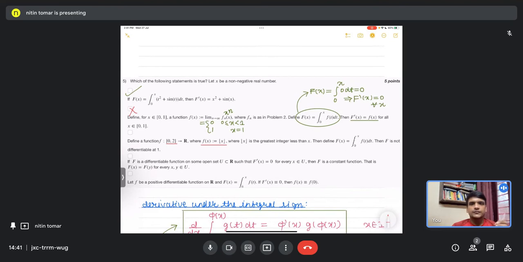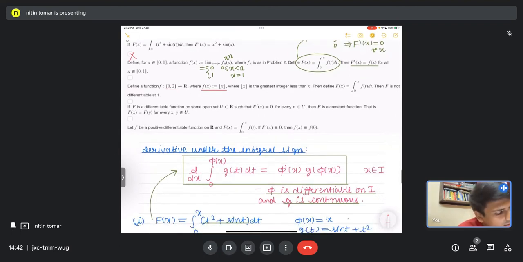For example, if you choose 1.5, its greatest integer value will be 1. If you choose, let's say, 0.2, then it will be 0. Even 0.9 will have 0 as the greatest integer value. Then this capital F of x is defined as the integration of this greatest integer function. Now we have to check whether or not F is differentiable.